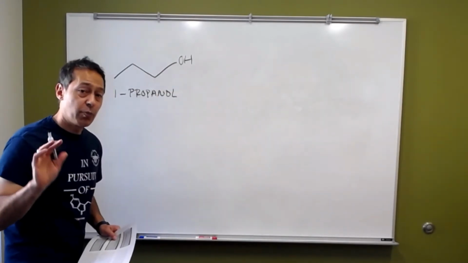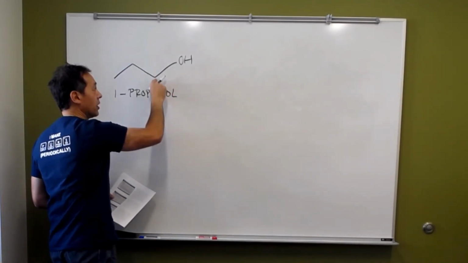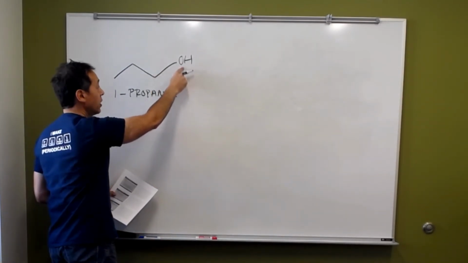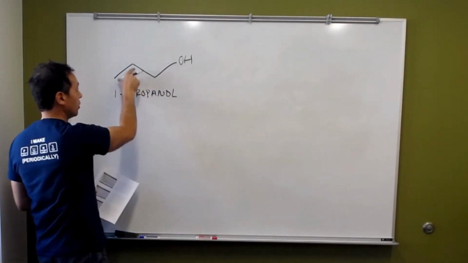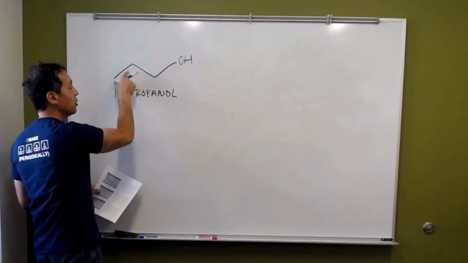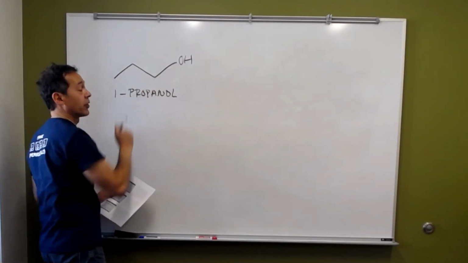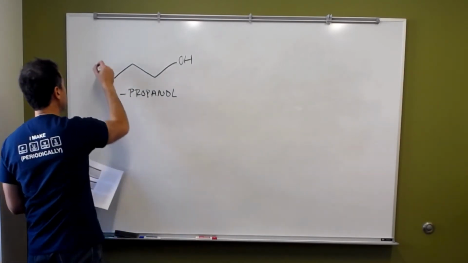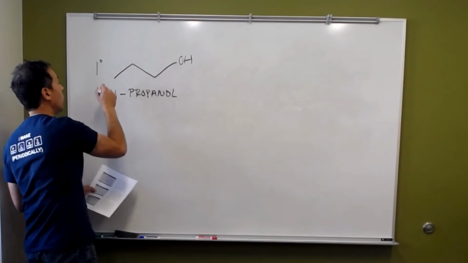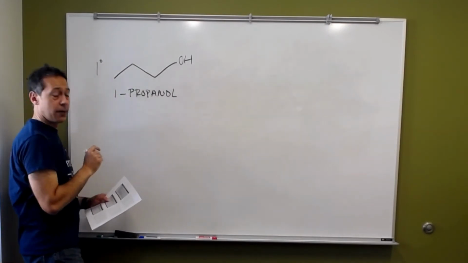This one is called a primary alcohol because the carbon atom that the hydroxyl group is attached to is only attached to one other carbon atom. I know you're thinking, oh, but there's a whole chain here, there's 2 of them. Yes, but this one here is only directly attached to one other carbon atom. So we would call this one a primary alcohol. We write a 1 and then a degree symbol like this, meaning that this is a primary alcohol.